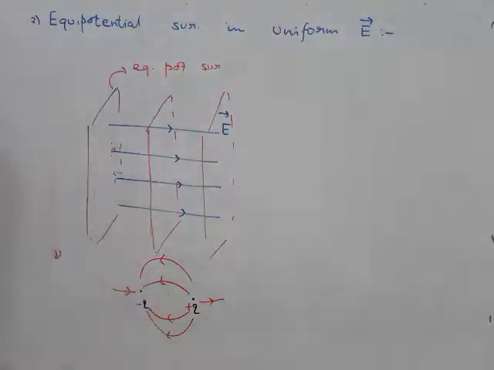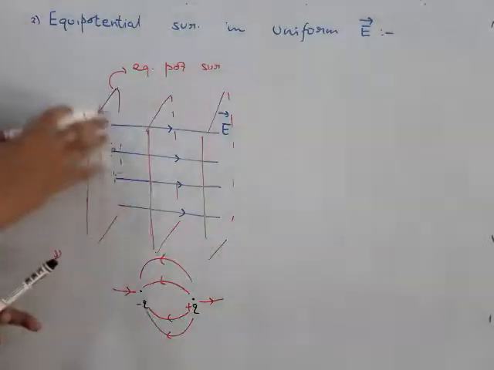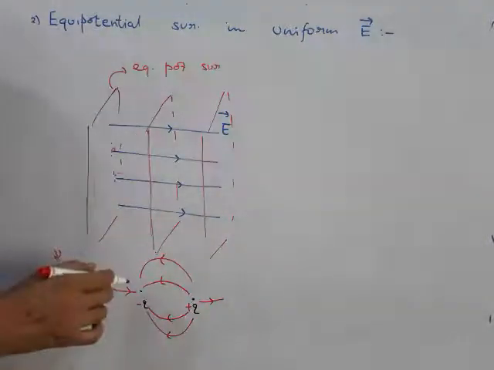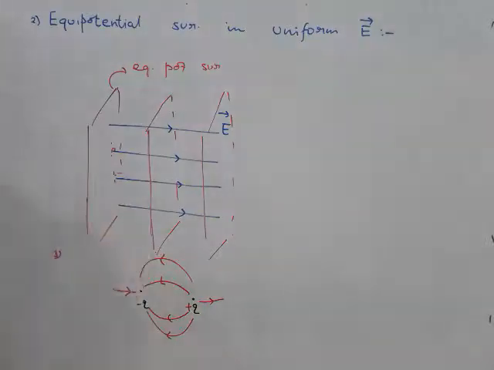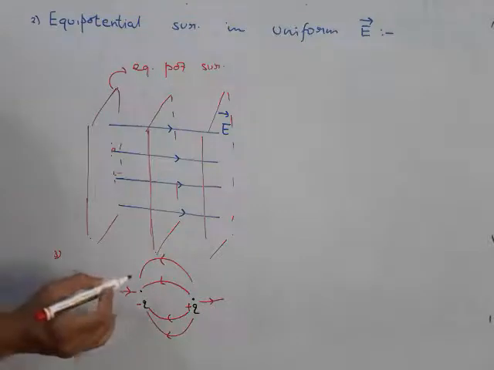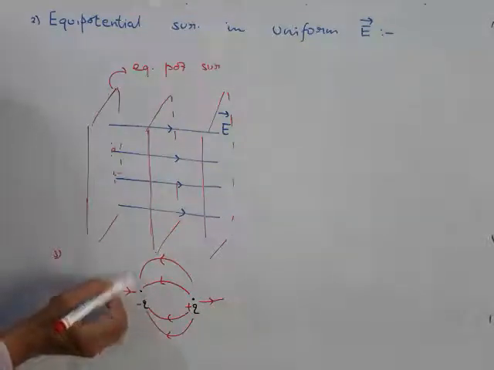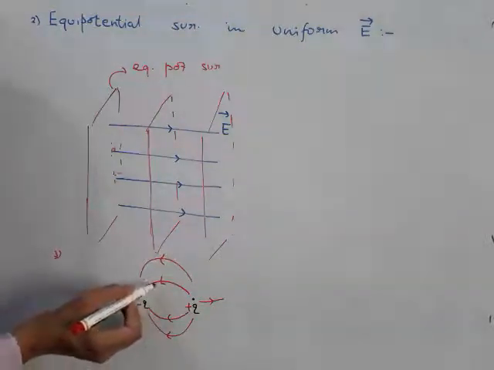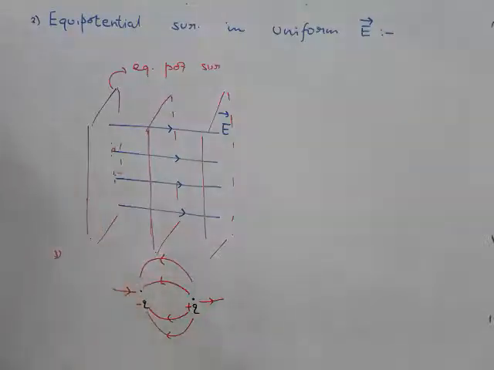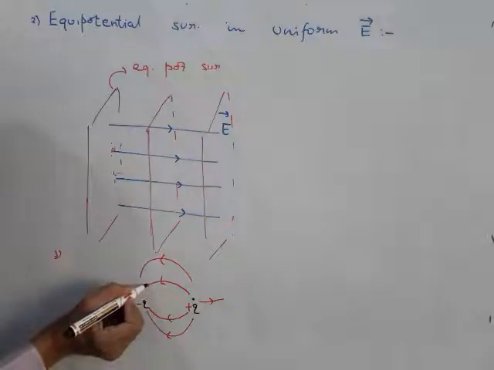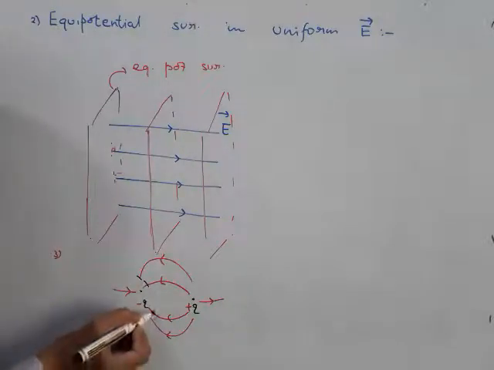Some of the electric field lines due to an electric dipole. Now if you wish to draw the equipotential surface, I am giving some hint: the equipotential surface will not be as simple as this, because this electric field is neither uniform nor spherically symmetric. But one thing is for sure, that the equipotential surface must be at right angles, normal, to these electric field lines. So at this particular point, the equipotential surface must be something like this. Here it must be something like this. Here it should be something like this.